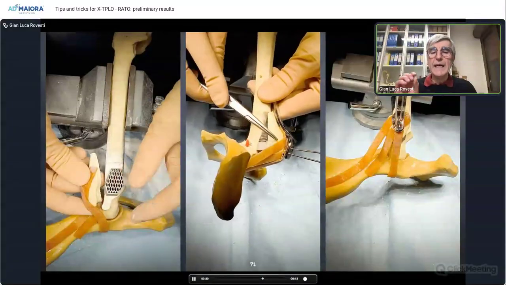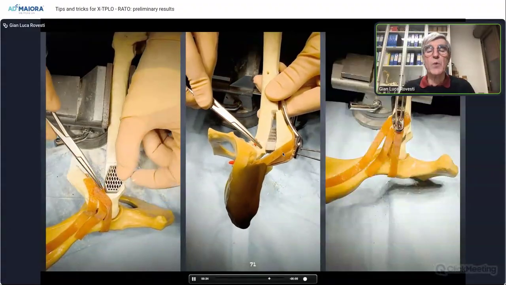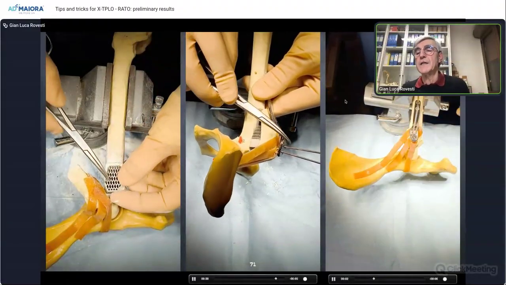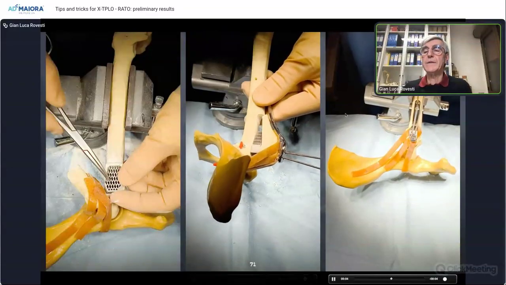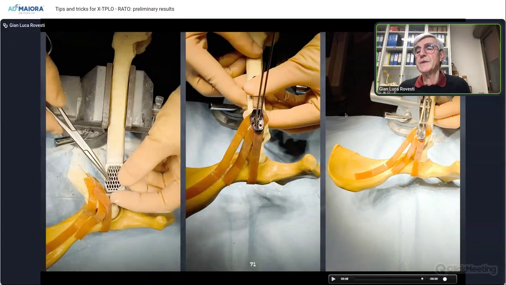So the plate is made to accept these K-wires here, and eventually, of course, stabilizing the plate by means of a standard cortical screw that is much easier and quicker than passing the circular wire through a sagittal hole in the femur.